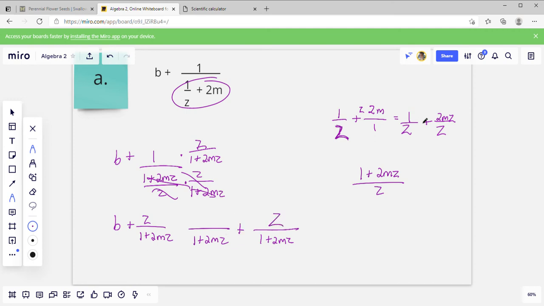I have to multiply that times b, so b times 1 plus 2mz. So that would be b plus 2bmz.